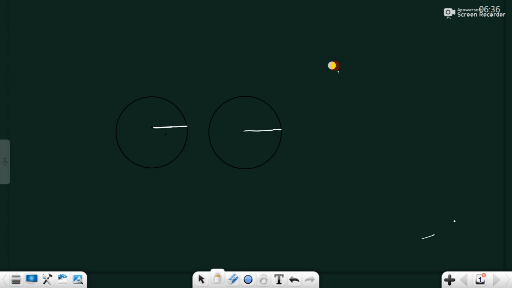Suppose this is R1 and this is R2. If the radii are equal, R1 is equal to R2, then the centers are equal too: C1 is equal to C2.